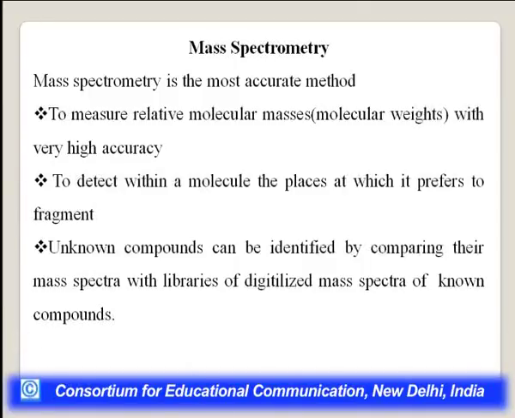We will discuss in detail in coming slides. Unknown compounds can be identified by comparing their mass spectra with already available library software of the digital mass spectra of known compounds. So, you can identify the unknown compounds also with the help of mass spectroscopy.